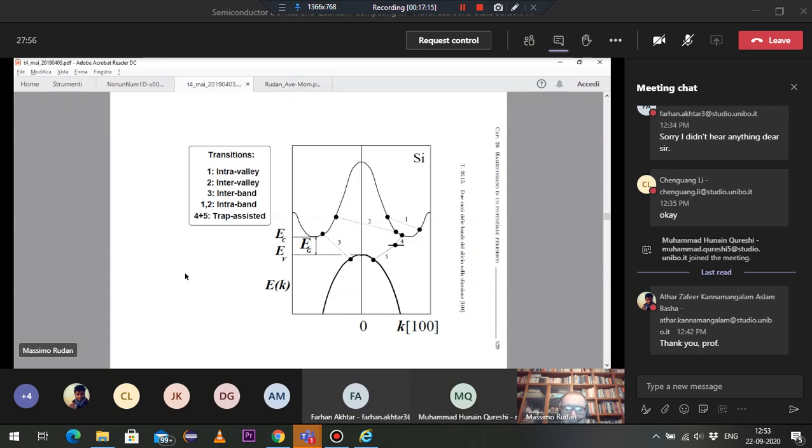And this electric current, of course, is carried by the electrons. So in order to investigate the current, we must investigate how the electrons move in the crystal in a non-equilibrium condition, okay?